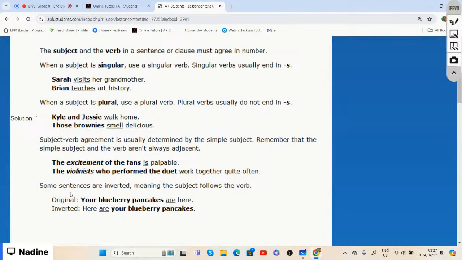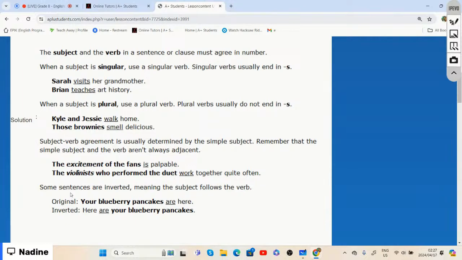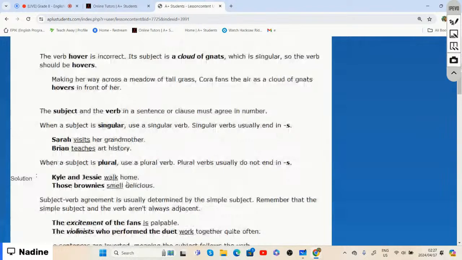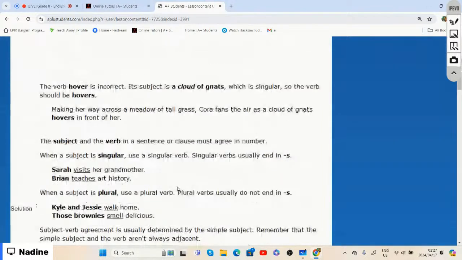All right. So we now need to choose the correct subject verb agreement, right? The subject and the verb need to agree with one another. So if the subject is plural, we need to use the plural verb, which does not end with s or es.